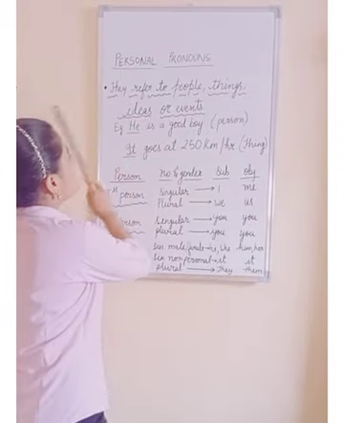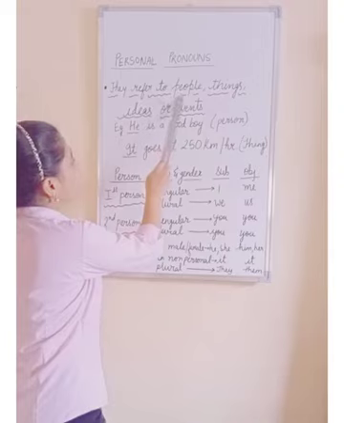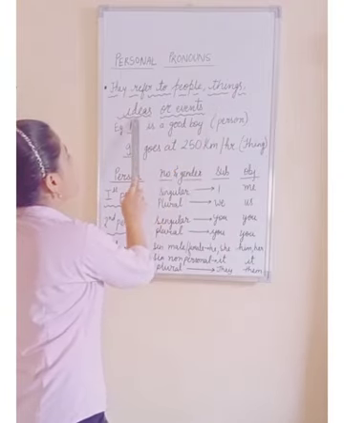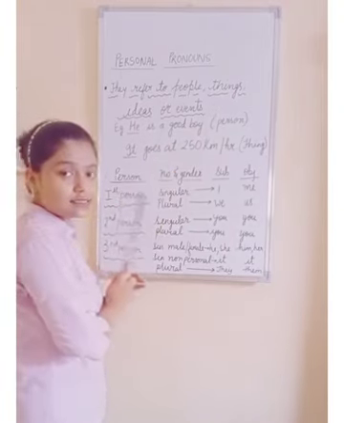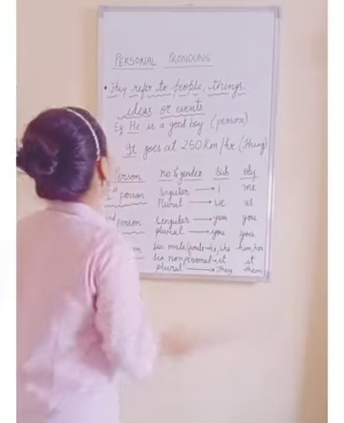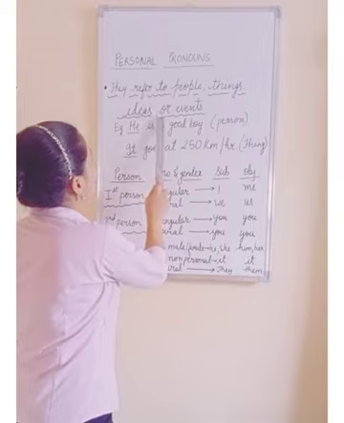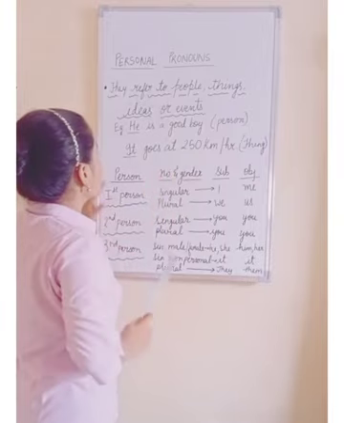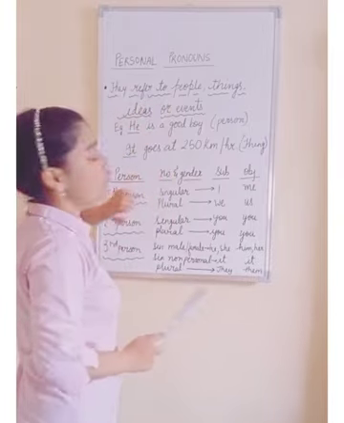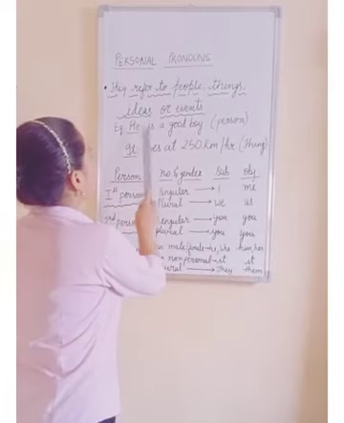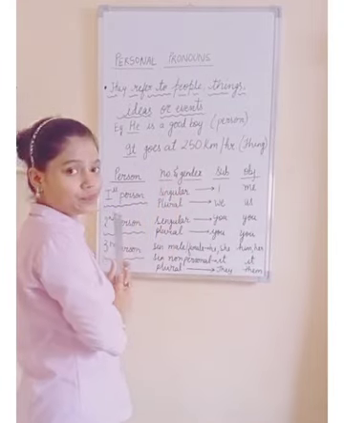So personal pronouns refer to people, things, ideas or events. I am repeating this once again. They refer to people, things, ideas or events, right? So how do they refer to people? If I say he is a good boy, right?